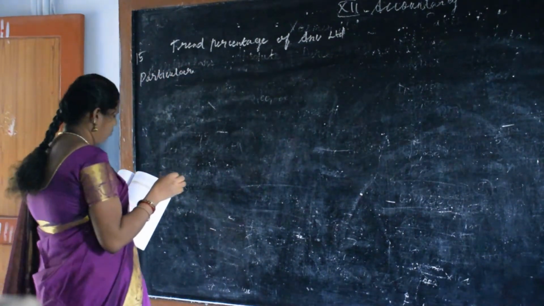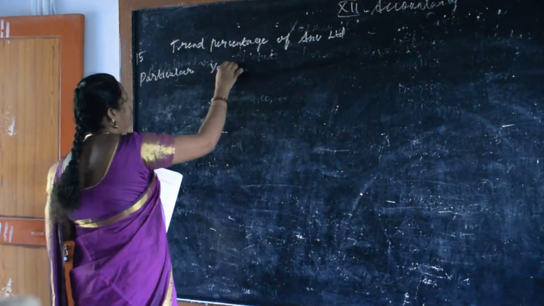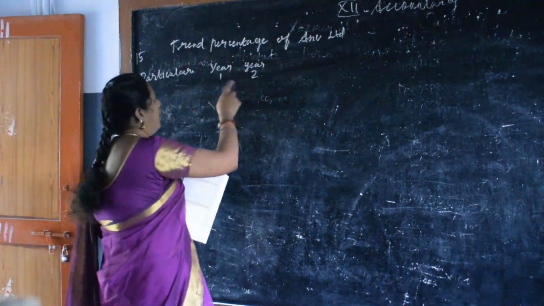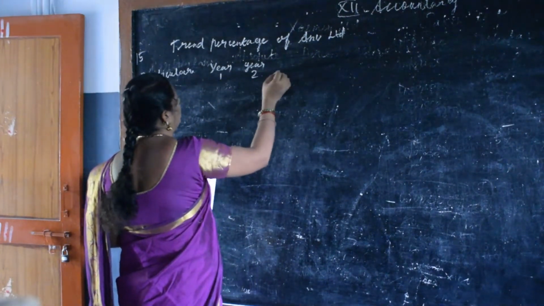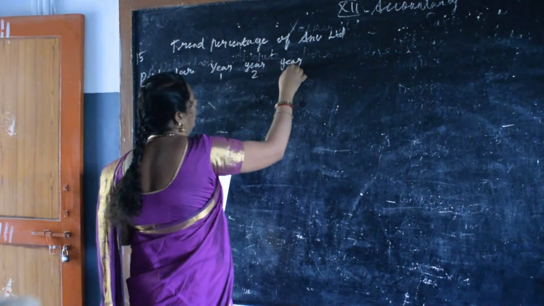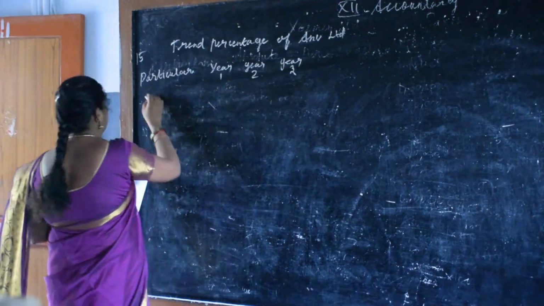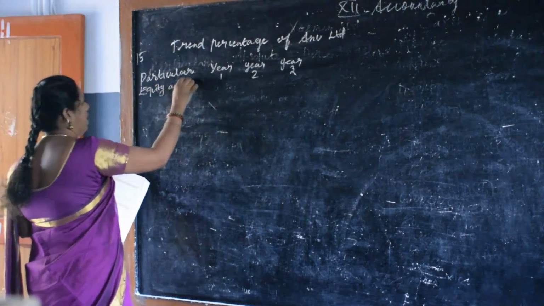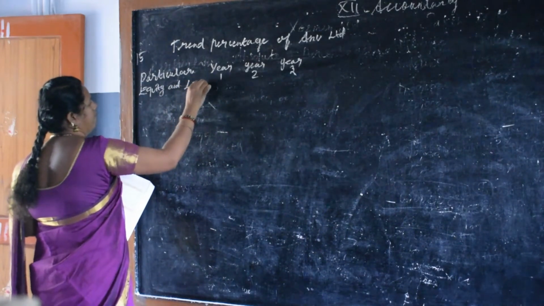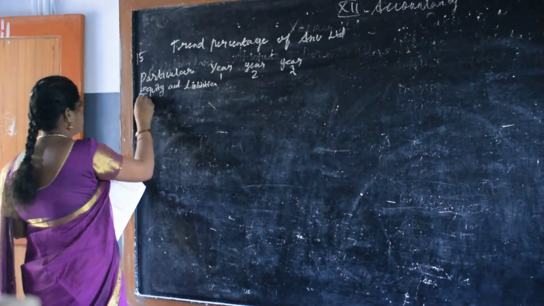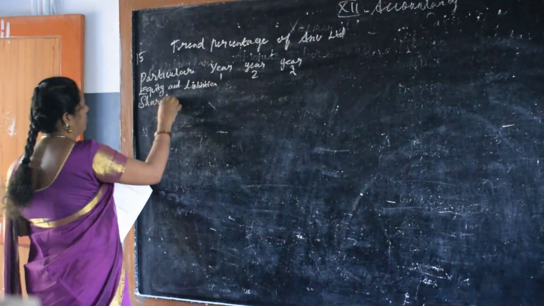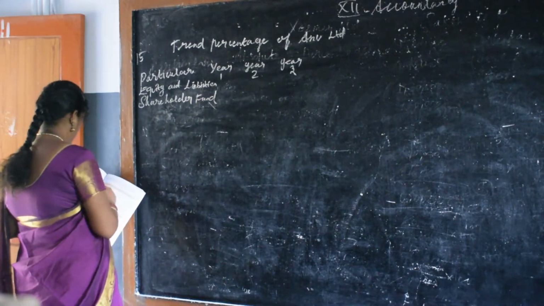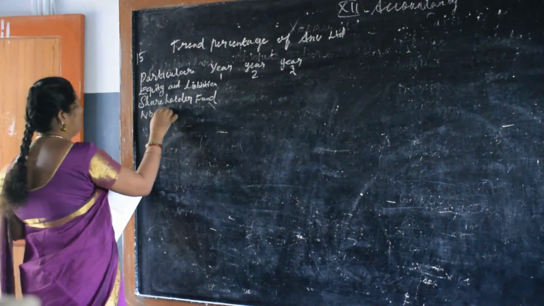Here there are 3 years. Year 1, year 2. They didn't mention which year, so they have given an overview. They have given 3 years. Okay, year 3. Equity and liabilities. Shareholders fund. Non-current liabilities. First fill the question.